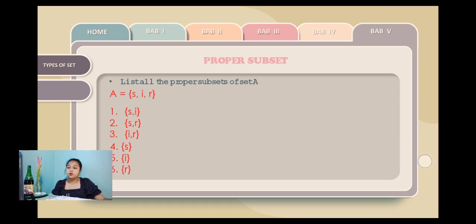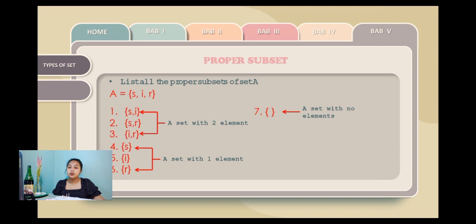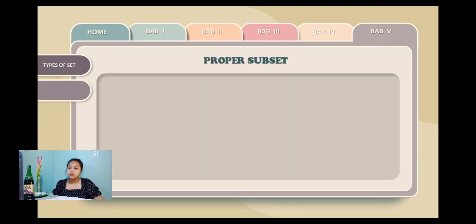Set A is equal to {1, 2, 3}, and then 1, 2, 3 have 2 elements, 4 to 6 have a single element, and 7 has no element. How many proper subsets does set A have? So, set A is equal to {1, 2, 3}.